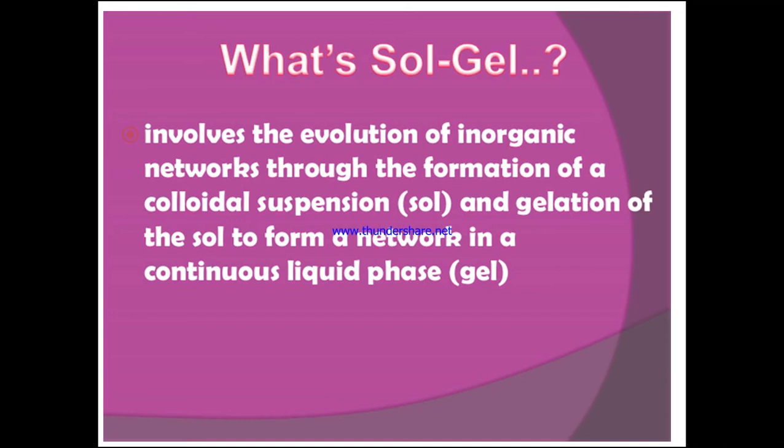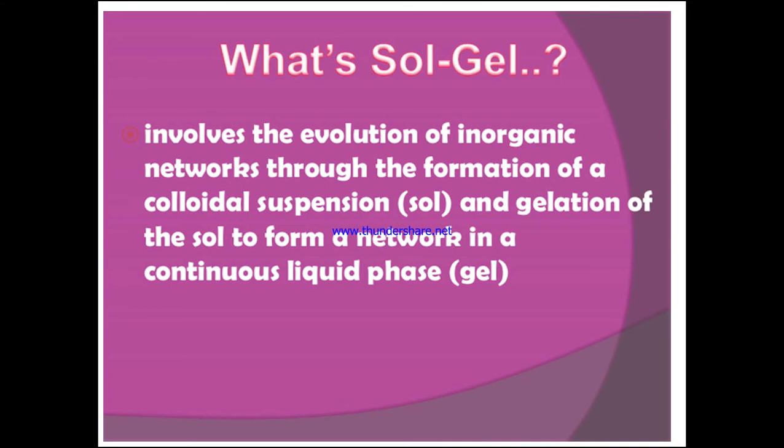So the sol gel technique is the evolution of an inorganic network through the formation of a colloidal suspension, that is the sol, and gelation of the sol to form a network in a continuous liquid phase, that is the gel. Here, the metal alkoxide is converted to the metal oxide by the transformation of metal alkoxide to the sol, the colloidal suspension, and that sol is reacted with the metal alkoxide to form the gel.